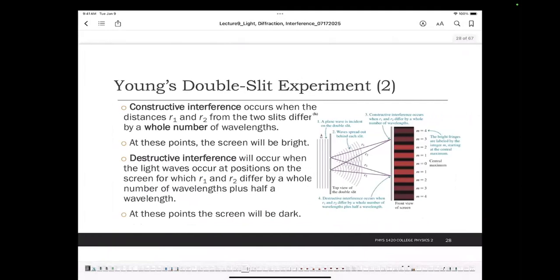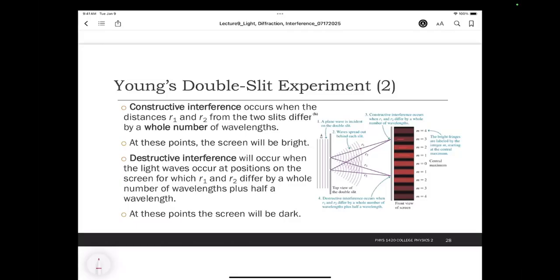Constructive interference occurs when the distances r1 and r2 from the two slits differ by a whole number of wavelengths. At this point, the screen will be bright. This is constructive interference.